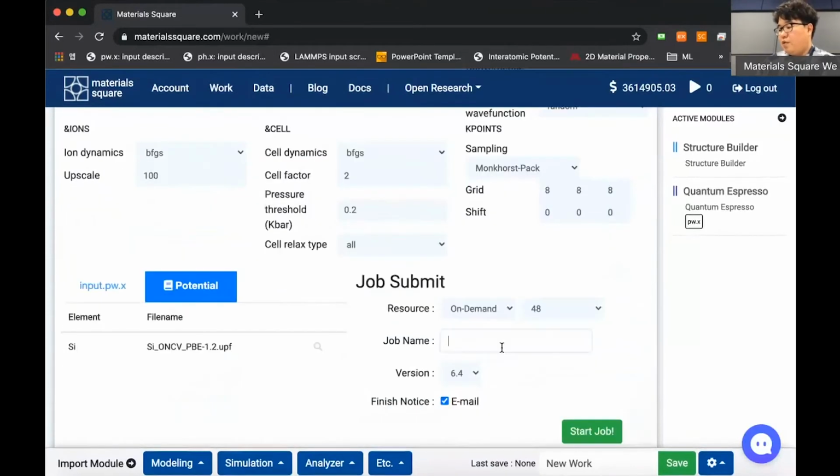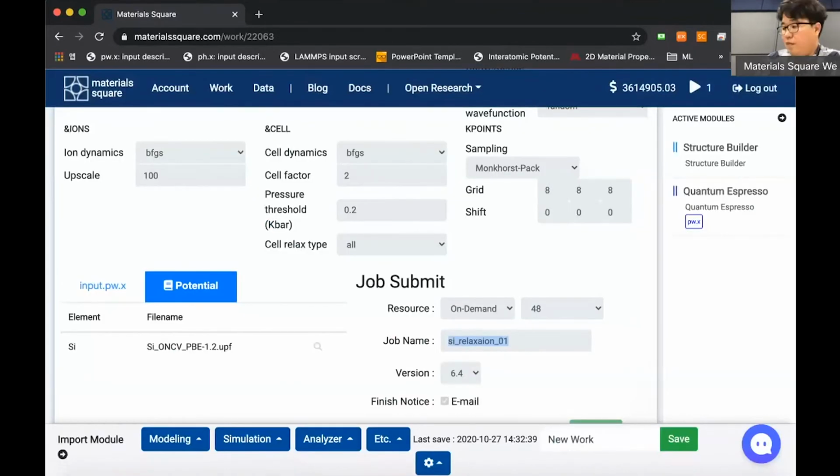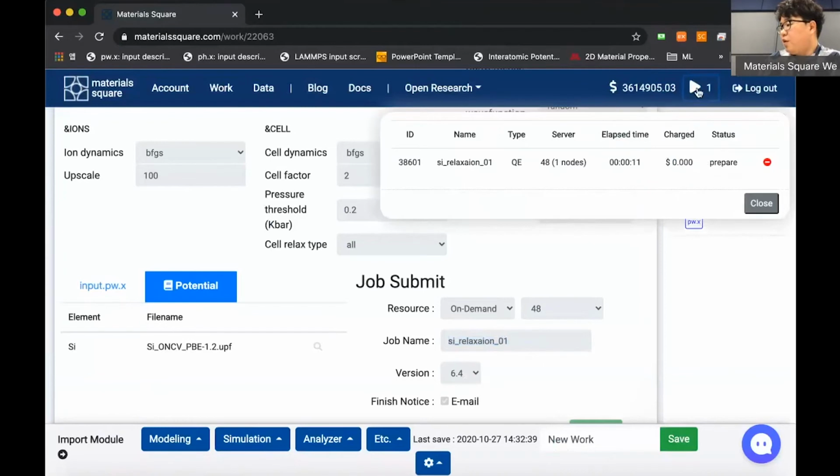For the job name, enter silicon or relaxation. It doesn't matter if you want AAA or BBB or CCC, it's just the job name, okay? And press the job. When you submit the job, you can see that this changes to 1.